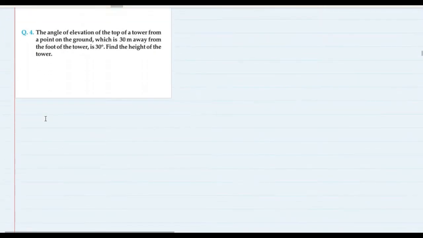Okay, great. The angle of elevation of the top of a tower from a point on the ground which is 30 meter away from the foot of the tower is 30 degree.